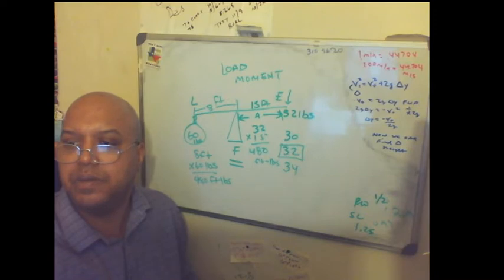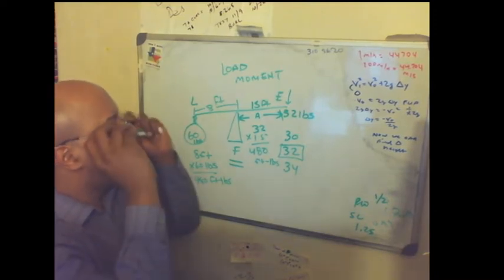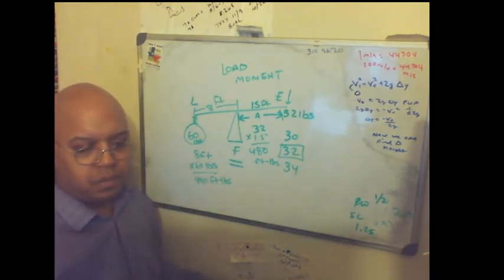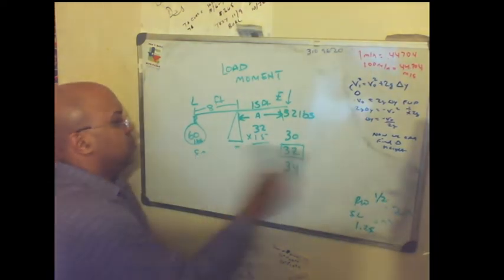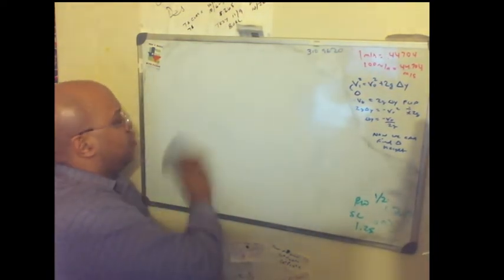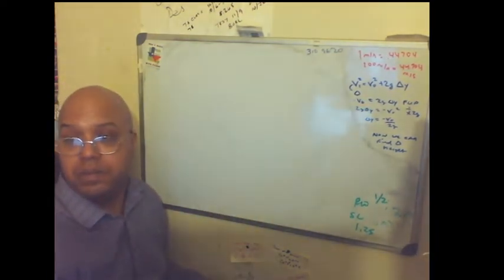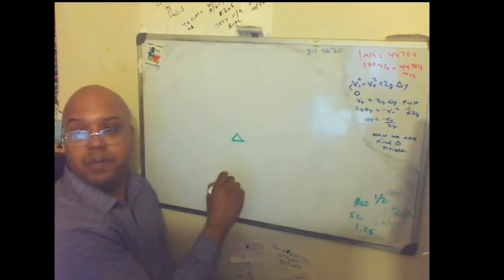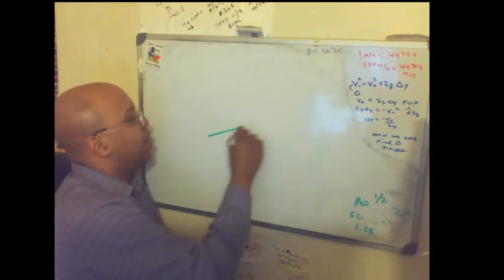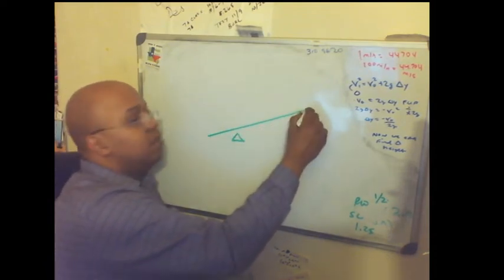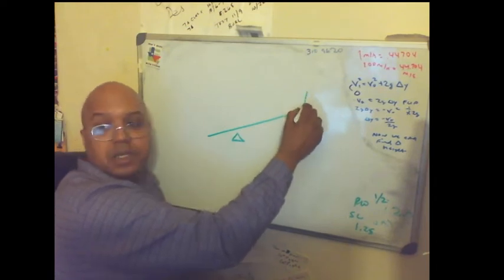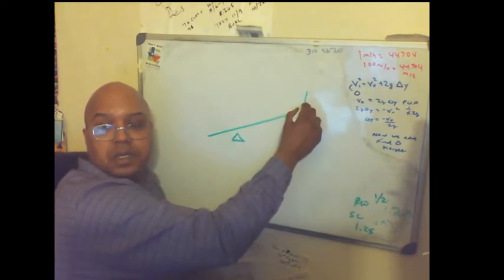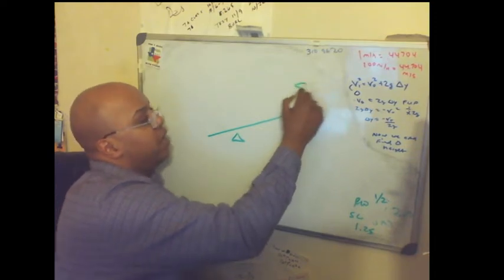Here's a question. All right. I will draw a diagram, and then I'll type out the question. What we have here is a fulcrum, and we have a pry bar, and we're going to place an 80-pound weight here.